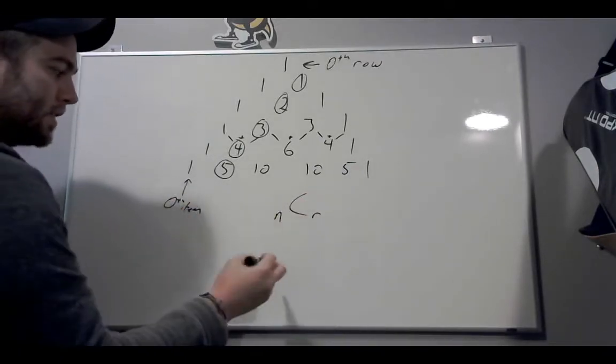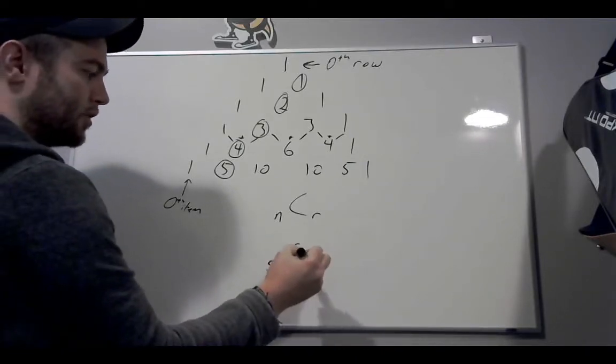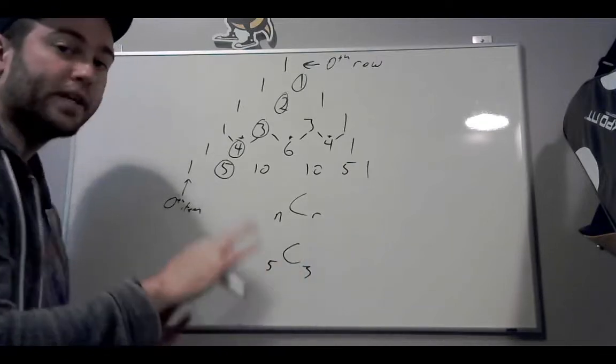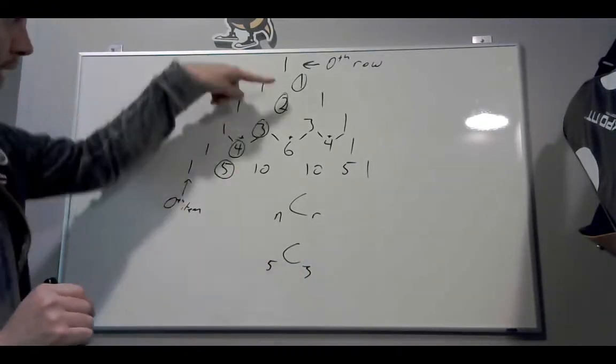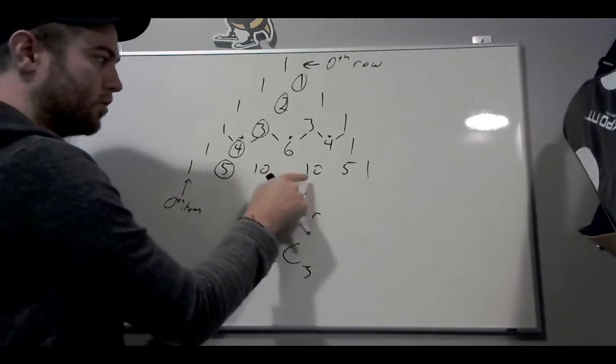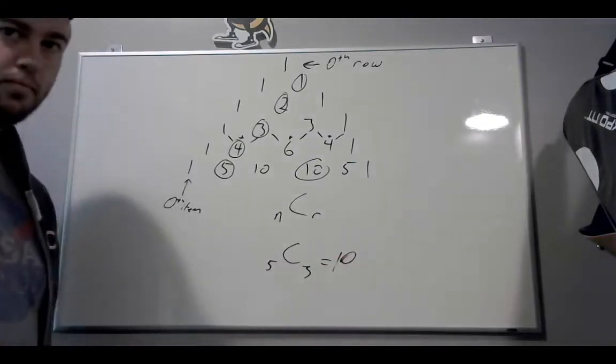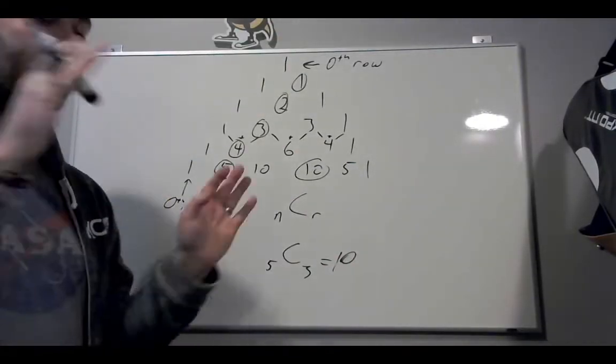Let's say I have 5 and I want to choose 3 of the items. If I go to the 5th row and go to the 3rd item, 0, 1, 2, 3, 5 choose 3 is actually 10. And that's true for every single one.